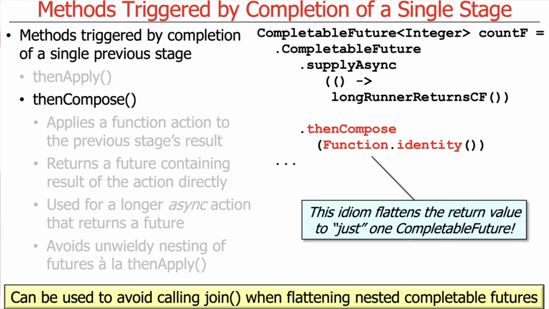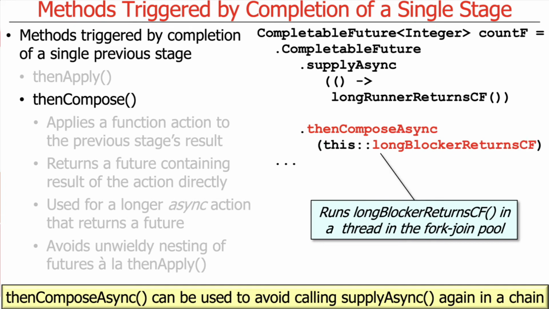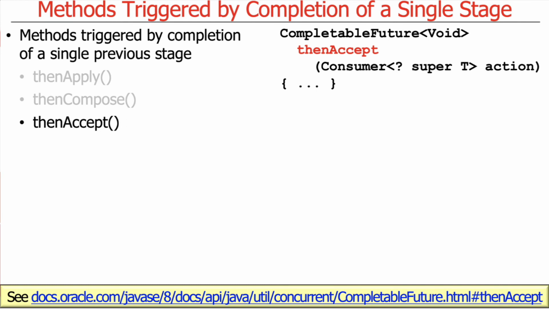Or, if you don't want to do this kind of nonsense, you can use thenComposeAsync, which is yet another way of doing things that return completable futures in a denested way. So you'll get a chance to play around with thenComposeAsync and thenApplyAsync in programming assignment number 3. Just be aware that there are these variants of these different methods.